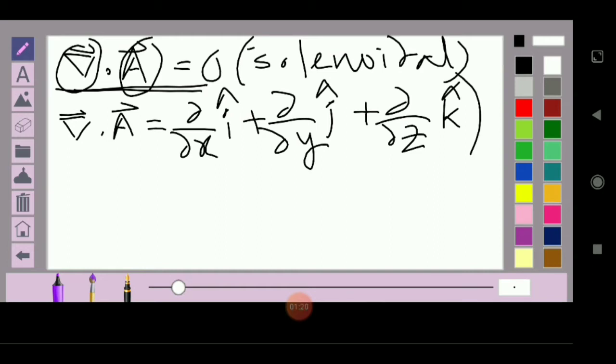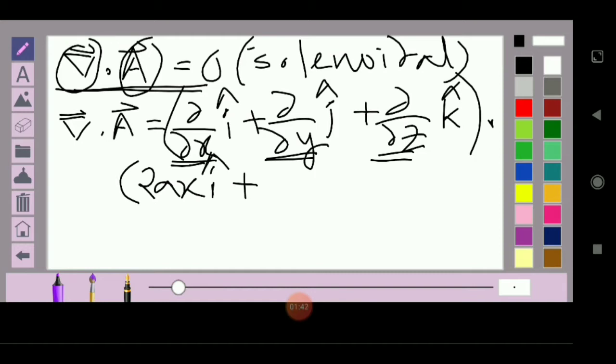Three dimensions are there, i hat, j hat and k hat, and the components of the del operator along i hat is del x, then del y and then del z. Now dot the A vector. The expression of the A vector from the given problem is 2ax i hat plus 2y j hat plus 4z k hat, right?